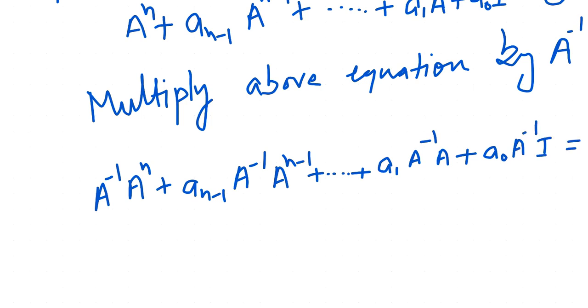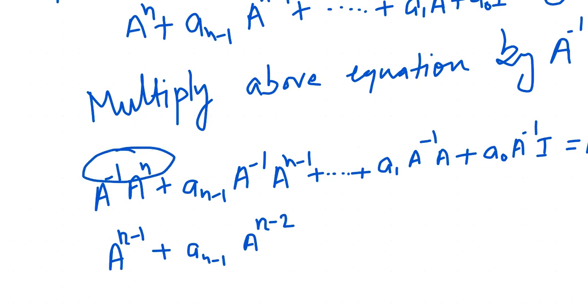So we can write this as A to the power N minus 1 plus A(N-1) into A to the power N minus 2. Are you getting me? Because we are adding powers. In multiplication, we add the powers. Plus A1 into A to the power 0 plus A0 into, when we multiply, see, identity means having elements 1, 1, 1.